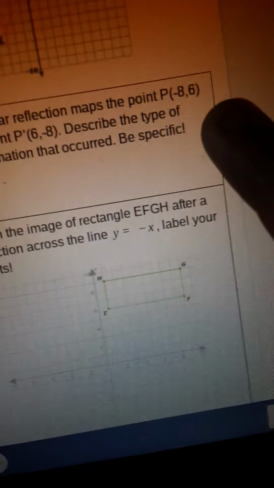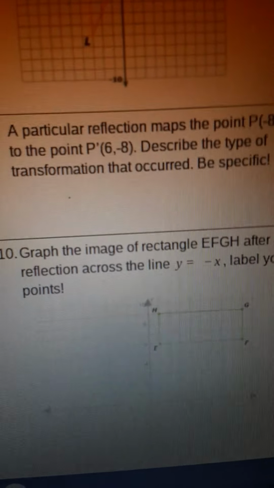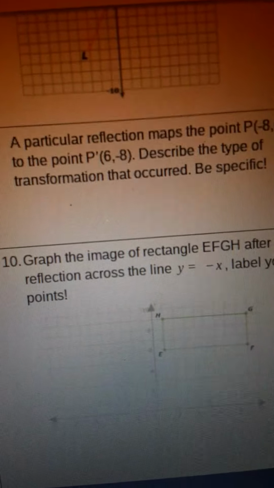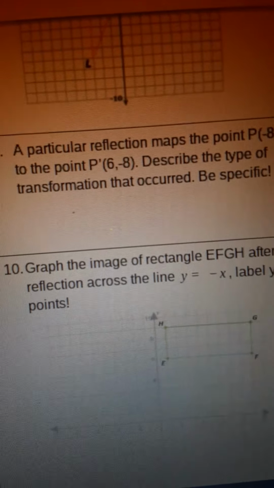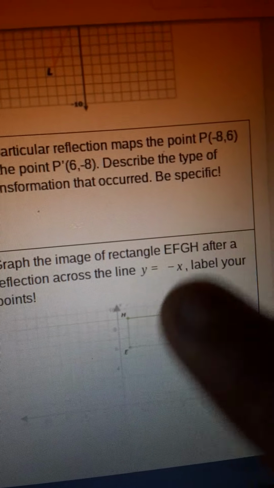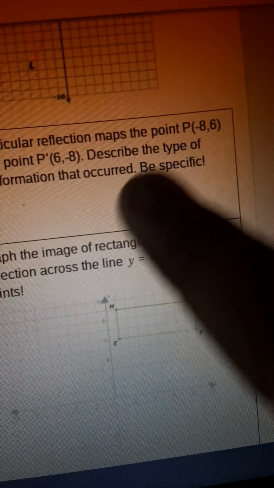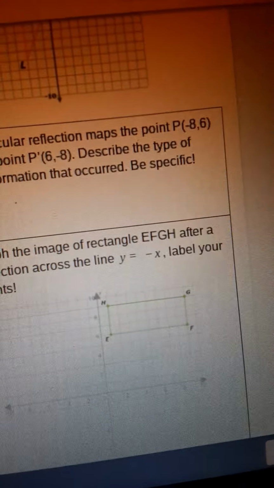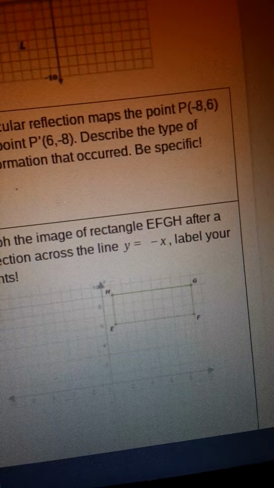So 6 changed to x and x changed to y. Describe the type of transformation that occurred. This is actually a reflection over the line y equals x, because every time you get y equals x, x and y are going to swap each other like this. So this is a reflection over the line y equals x, meaning x and y switch places.